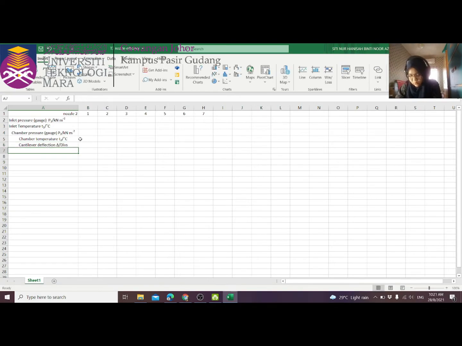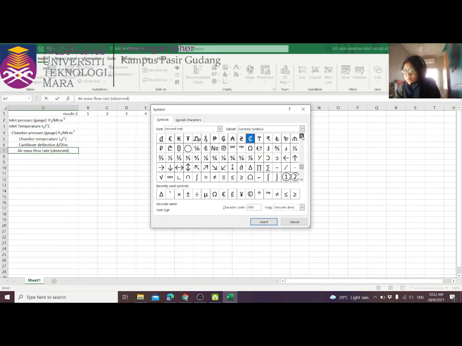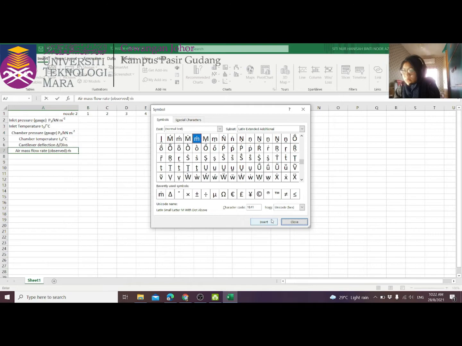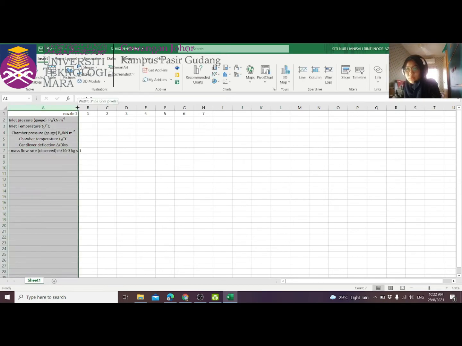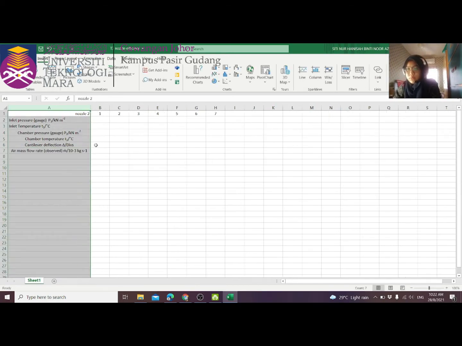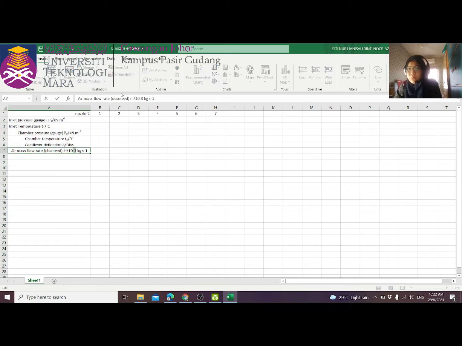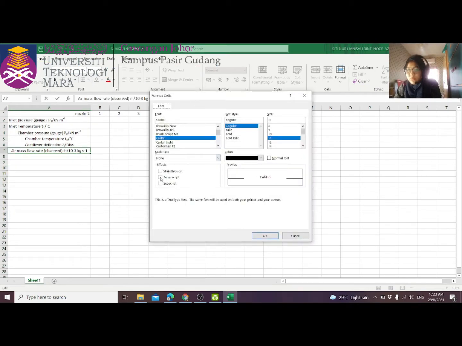Yes, and then let's read observe symbol. And over time after K2 as one. So this one is superscript.